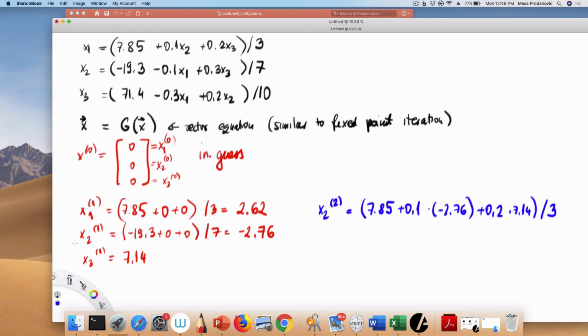So I'm just using this and this in this equation. Right? And now it's just a little bit of bookkeeping to get that answer correct and not make a mistake. Then this was the x1, x2, and x3 second iteration. I proceed the same way, so it's minus 19.3 minus 0.1 times, I'm going to just make it a plus here, no, x1 is positive, never mind.